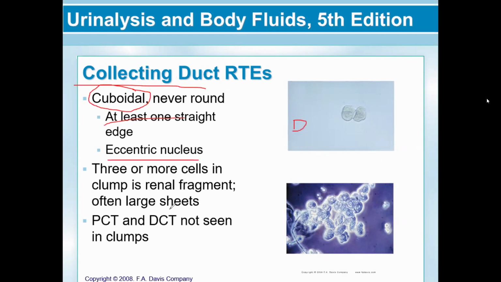So guys, tatandaan natin for your collecting duct RTEs, they usually form renal fragments na hindi natin nakikita dun sa naunang mga RTEs natin, yung inyong PCT and DCT. Ito, nagka-clamp sila, and they form large sheets. So we call these your renal fragments. Okay, so those are your RTEs.